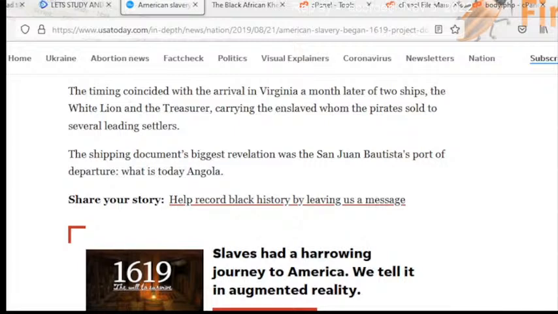The shipping document's biggest revelation was the San Juan Bautista's port of departure, what is today Angola. So these were the Portuguese Jews, the black Portuguese, the Negroes. You know what I'm saying? The black Jews. That got brought here to America.